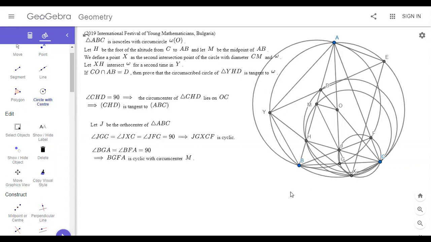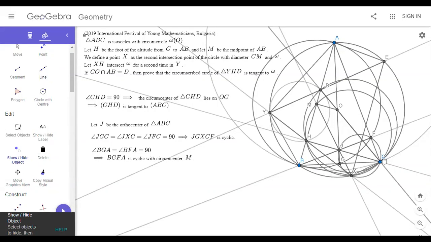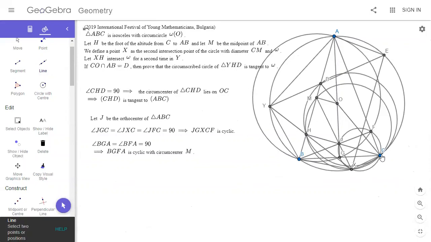So let FG meet AB at a point. Or I think that's what it was. Angle chase. So by the radical axis theorem, FG, CX, and AB are concurrent.